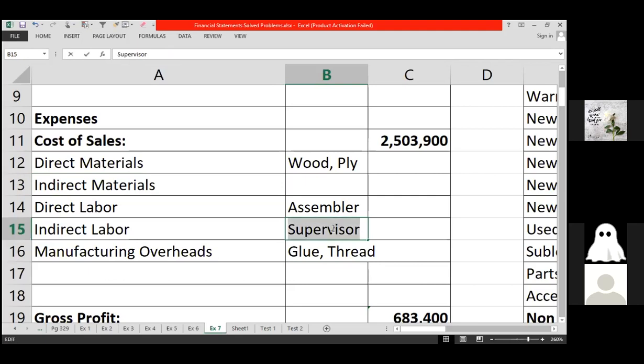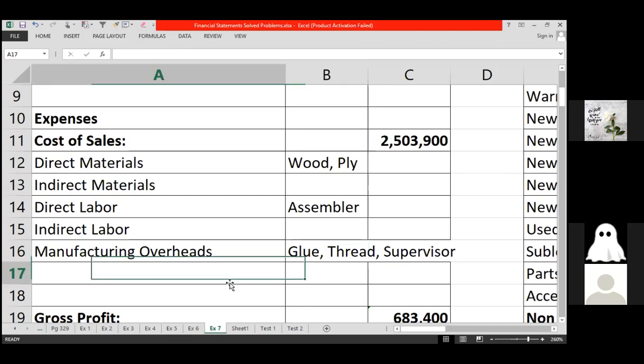So supervisor is not a part of the direct labor in this case. So supervisor is indirect labor and goes into manufacturing overheads. Okay, so the cost of cost of sales will still be the same thing, but it's just that they have a different classification for things like this. So let's go back, read that again.